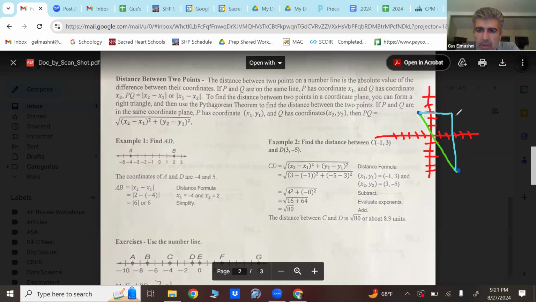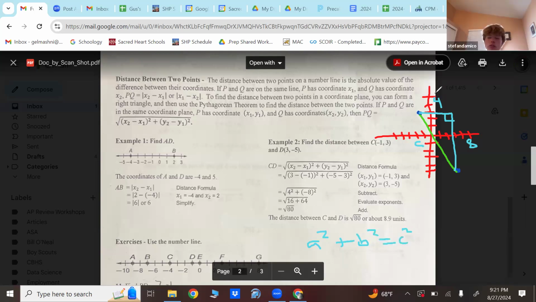So you're going from -1 to 3, which is a length of 4. That's a right angle. And you go from y equals 3 to y equals -5, which is 8. I'll call the hypotenuse C. You might remember the Pythagorean theorem: a squared plus b squared equals c squared. Your legs are 4 and 8, so you get 16 plus 64.